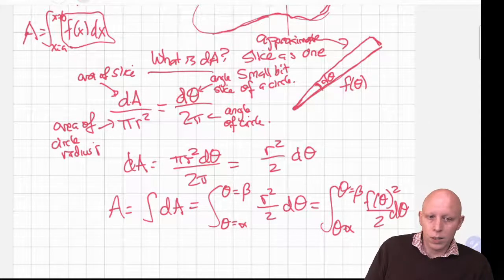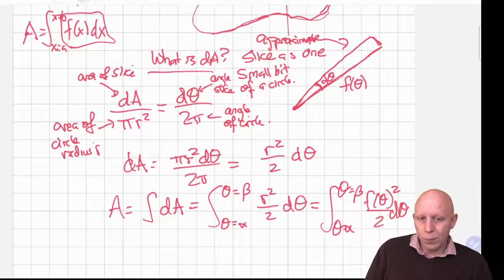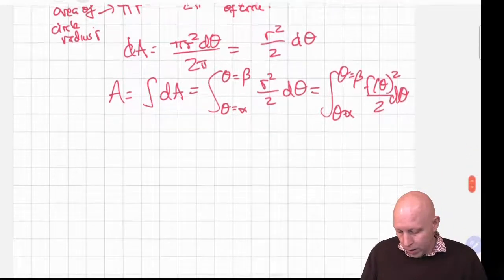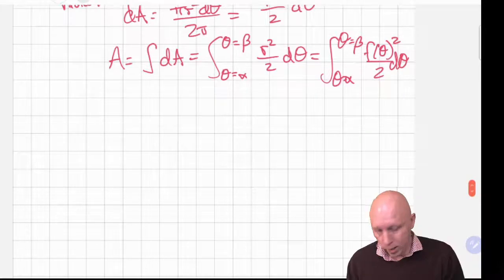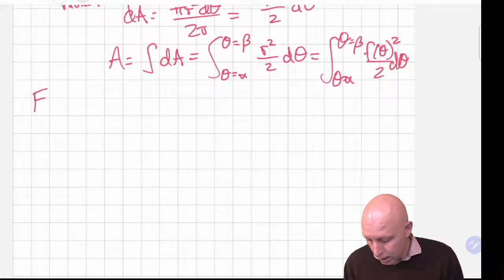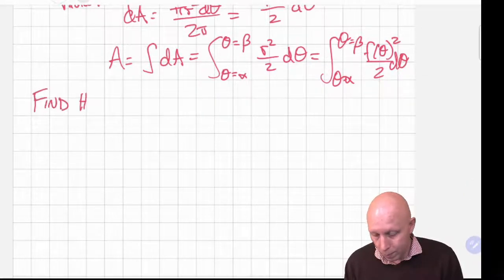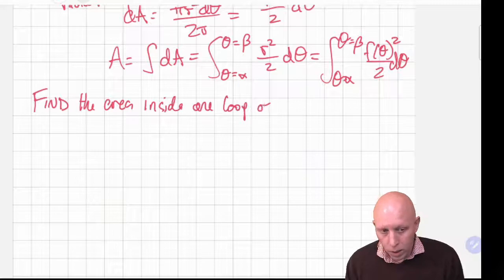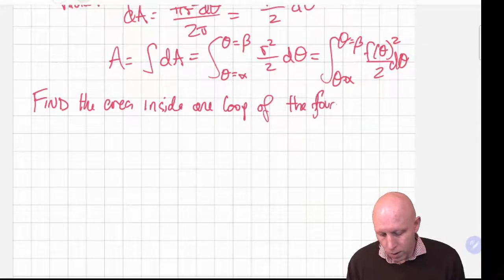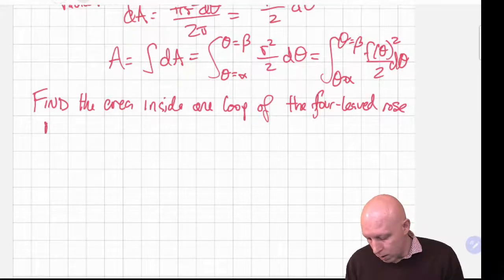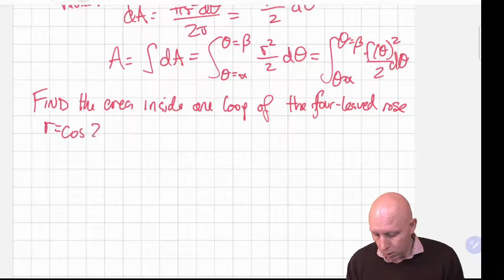All right, so let's do a quick example. Let's say we have an example like this. Find the area inside one loop of the four-leaved rose r equals cosine of 2 theta.